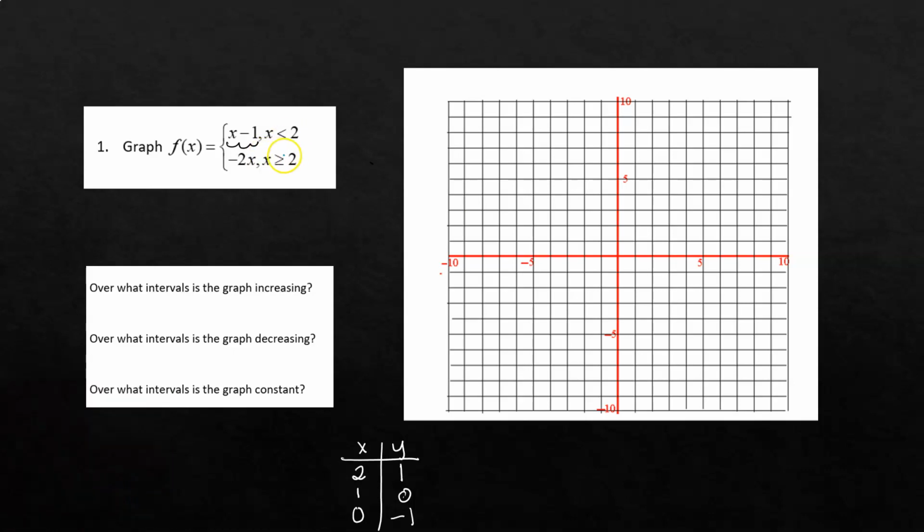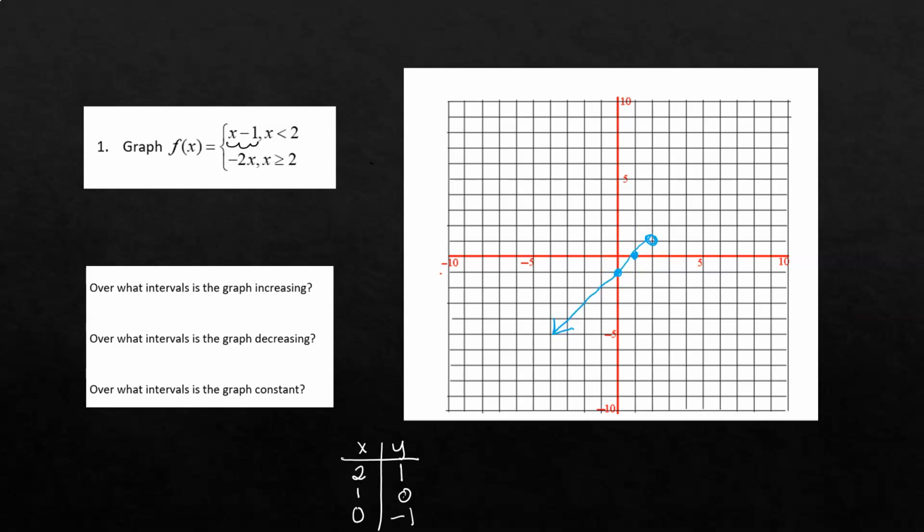It's less than, so we're going to start at 2, 1, and we're going to have an open circle. Then we're going to plot 1, 0. Then we're going to plot 0, negative 1.